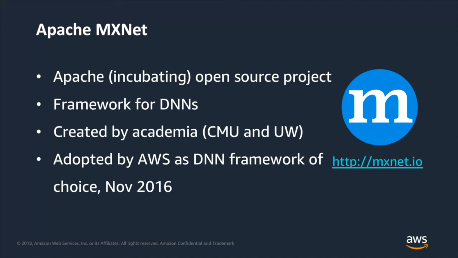It was adopted by AWS as its deep learning framework in November 2016, and it's since been widely used within Amazon. Apache MXNet also has many contributors from other industries, for example, NVIDIA, Intel, and so on.